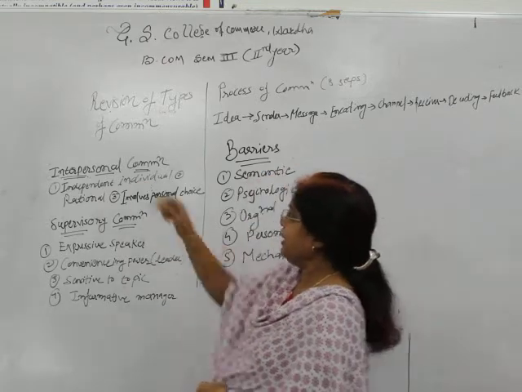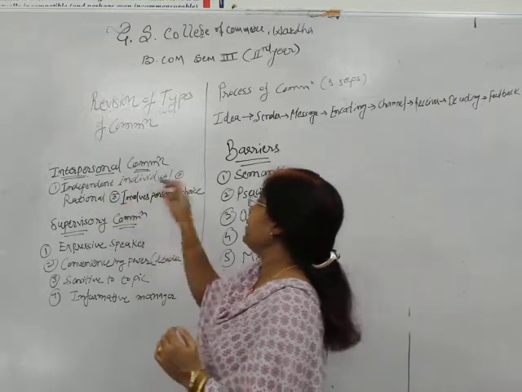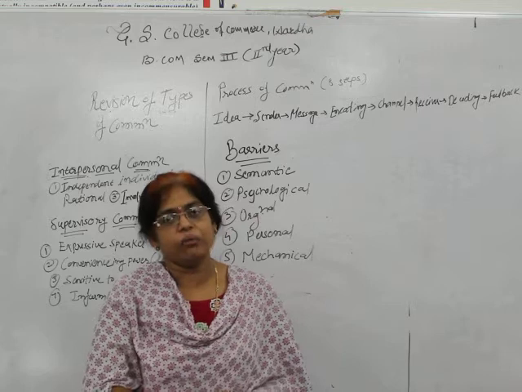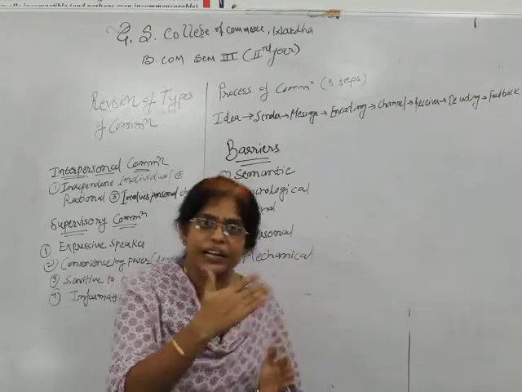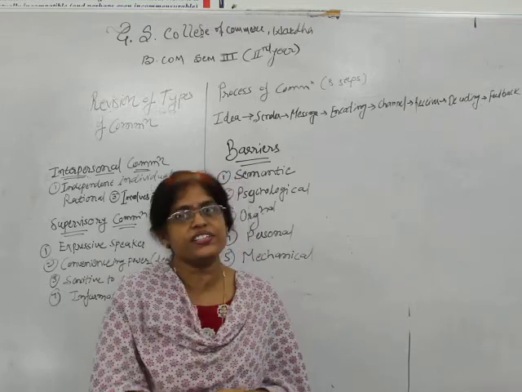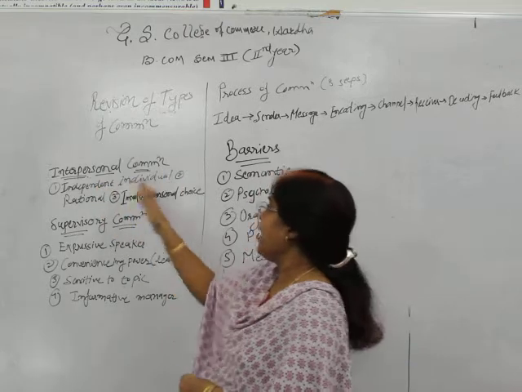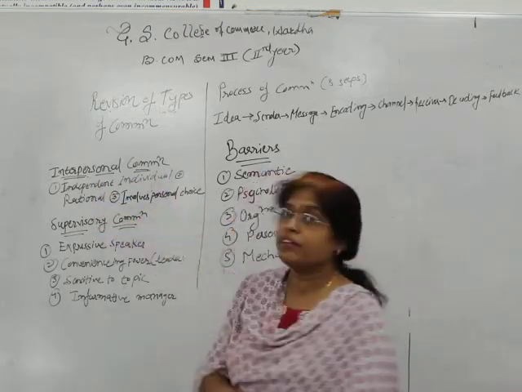So in interpersonal communication, what is the point which is essential? Independent individuals: the 2 persons who are communicating with each other have separate ideas and separate viewpoints in their mind, and accordingly they communicate with each other, and that is why it is said independent individual.